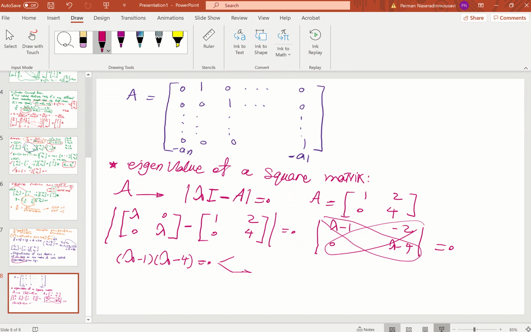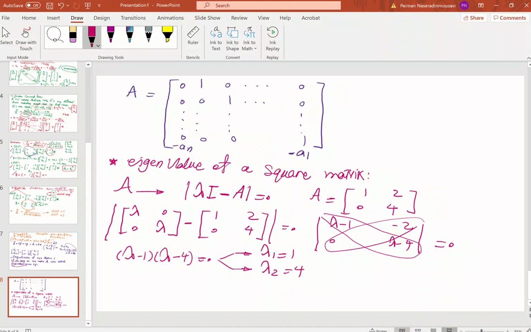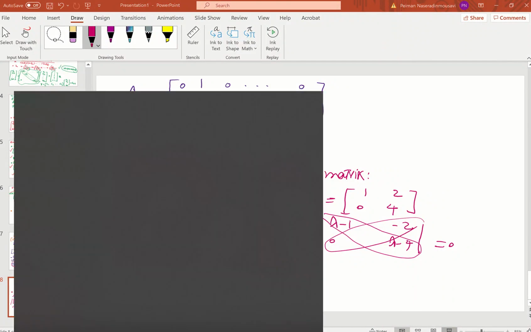So the first eigenvalue is going to be 1, the second eigenvalue is going to be 4. Obviously, this is how we calculate the eigenvalue of a given matrix. So if you go with MATLAB, I hope that you know, and I'm sure that you know, for refreshing your mind. So here we go with MATLAB.